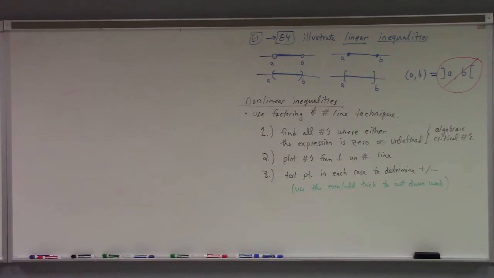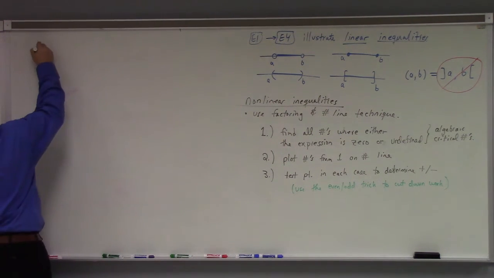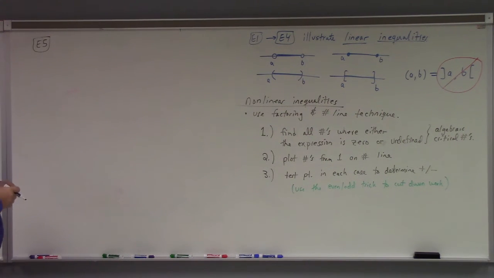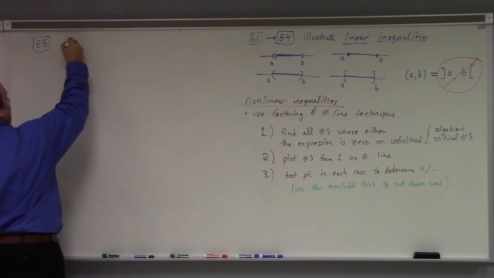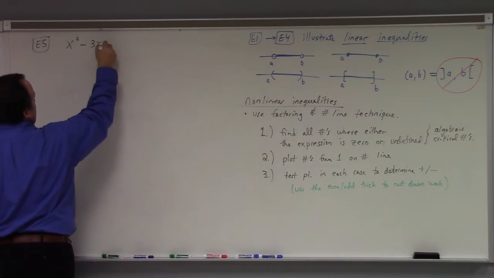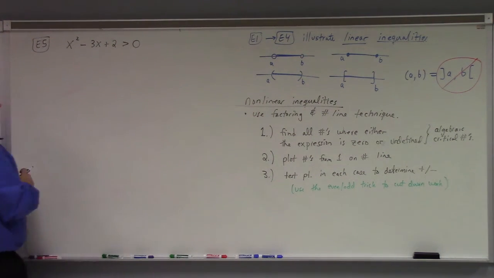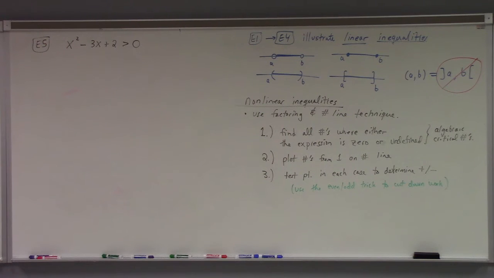So I'll start with a relatively simple example, although it will involve that nasty factoring. Like x squared minus 3x plus 2 greater than 0. The expression here is x squared minus 3x plus 2.